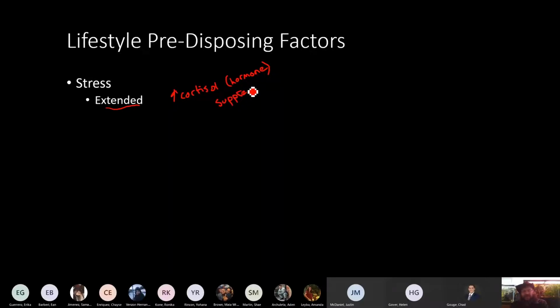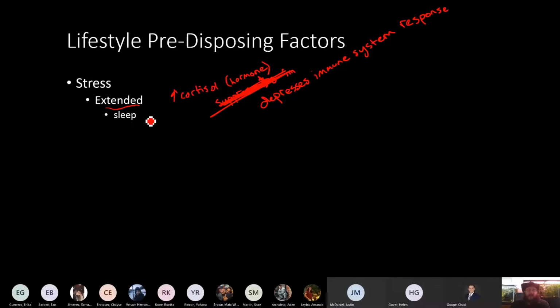Not completely, of course, but so let's put suppresses or depresses. There we go. Depresses immune system. So you have a decreased immune response. And this is highly correlated with your increased risks of cancer.